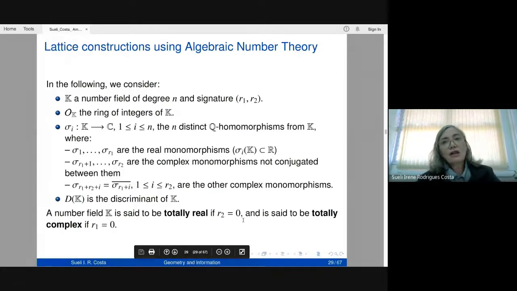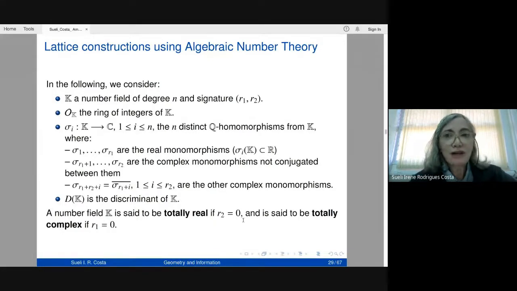Okay, so the last construction uses algebraic number theory. I will go very fast here also. If you consider a number field of degree n and signature like that, and the ring of integers, right? We have this very well-known result. There are exactly n distinct K-homomorphisms from K to C, and we can use this kind of homomorphism to construct lattices.